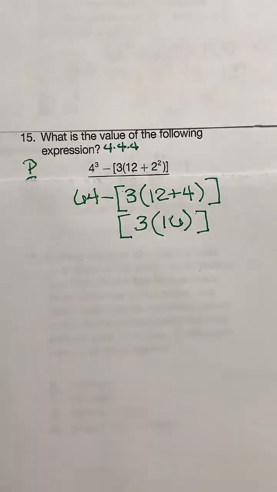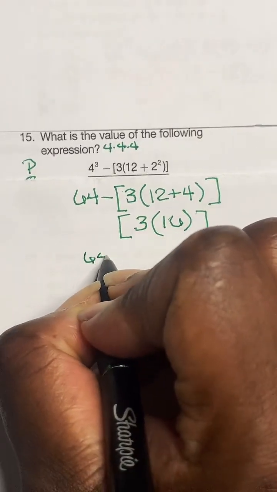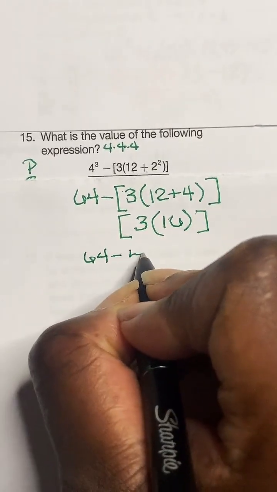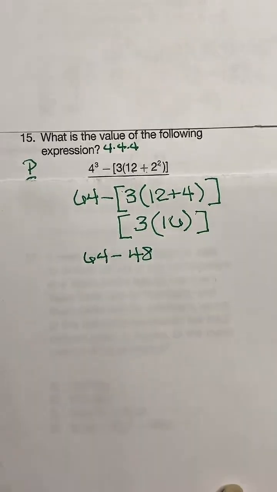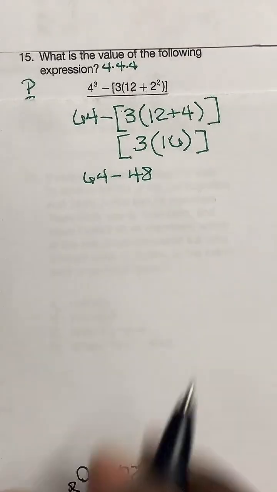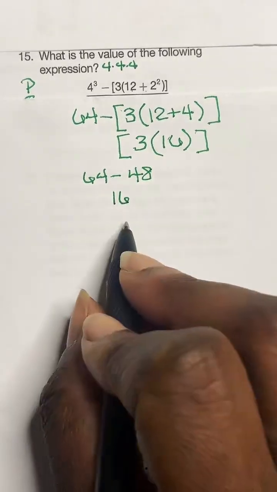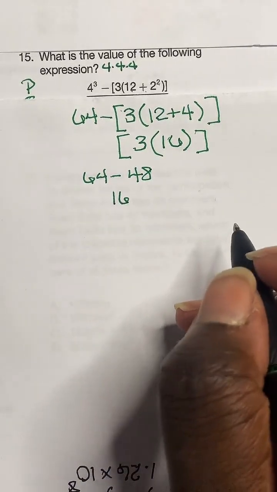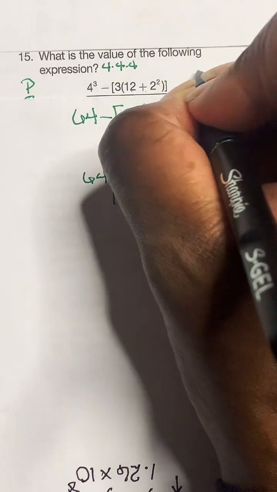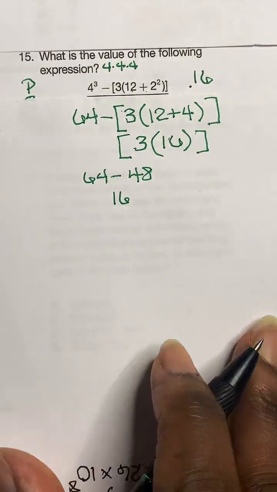So 16 times 3 gives me 48. So that means you really have 64 minus 48, which should give us 16. So that's going to be my numerator. I'm just going to put the 16 up here.